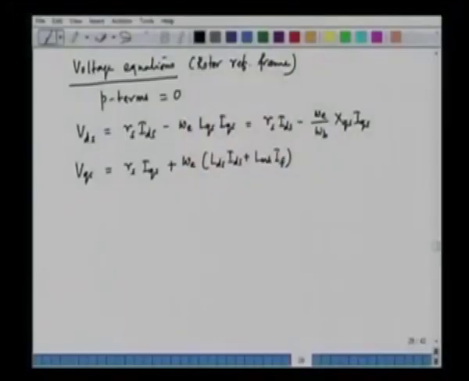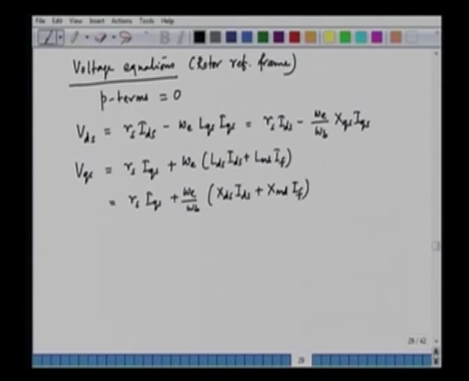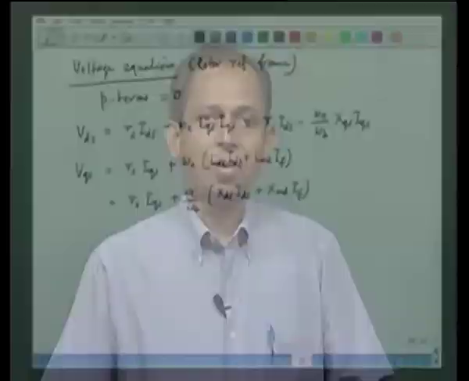So the D axis flux linkage is LDS into IDS plus LMD into IF, because IKD is equal to 0 in the steady state condition. Now this can be written in terms of reactances also: VQS equals RS IQS plus omega E by omega B into XDS IDS plus XMD into IF.